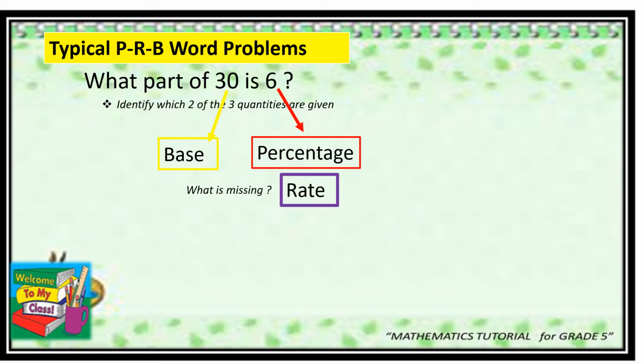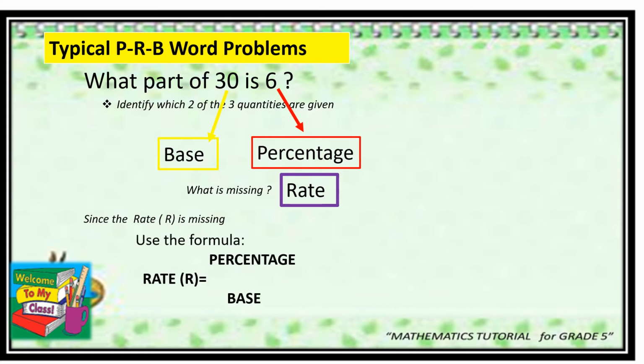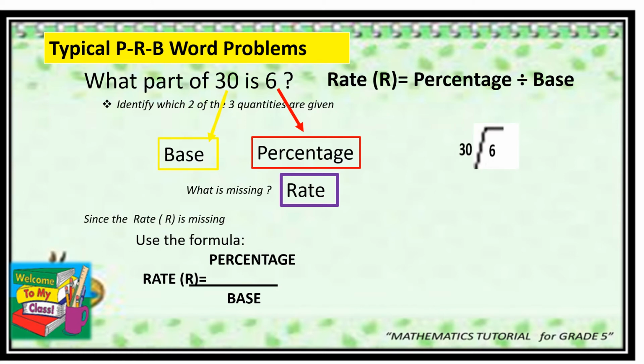Okay, the missing is rate. Since the rate is missing, use the formula rate equals percentage over base. Anong ibig sabihin ng percentage over base? Percentage divided by base.